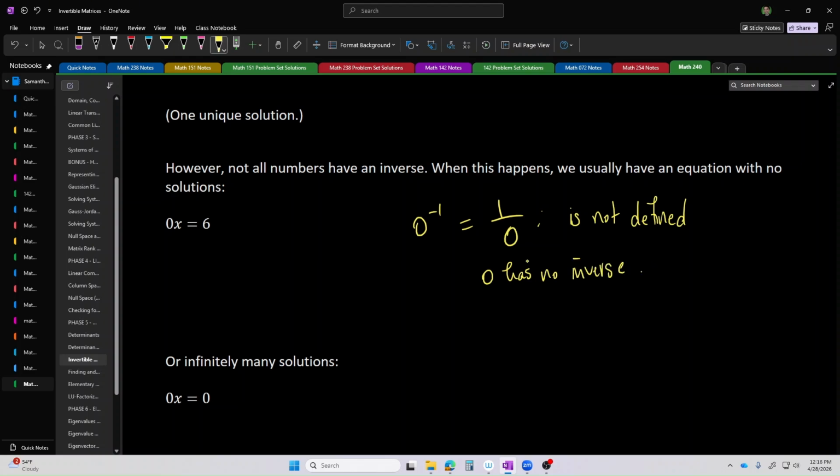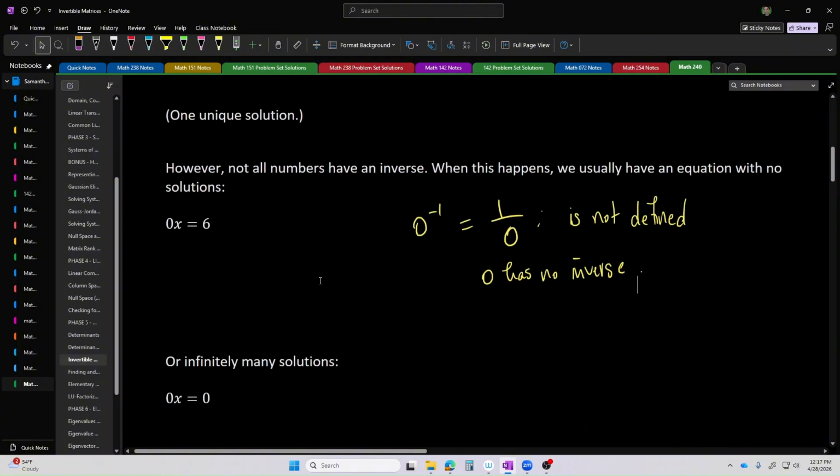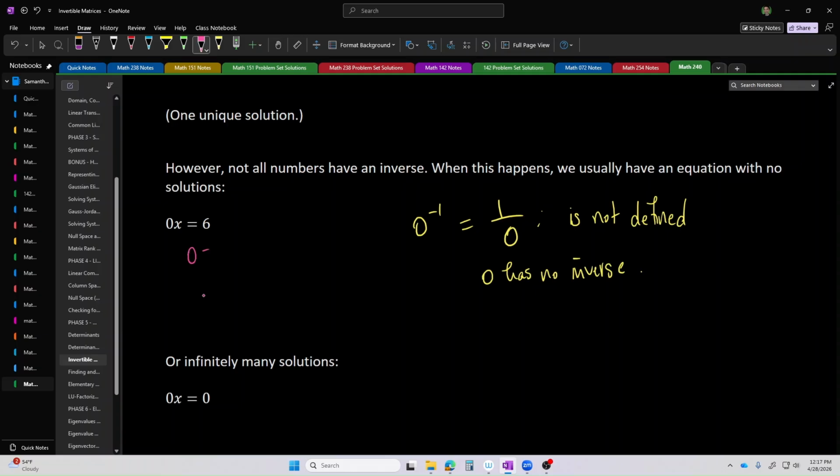And because this was an equation that contained the number 0 that had no inverse, rather than getting a single unique solution, we have in this case an equation with no solutions at all, an inconsistent equation. 0 equals 6, impossible. So this has no solutions.